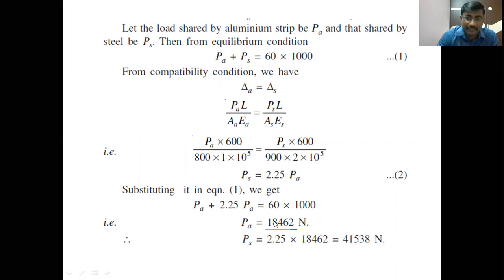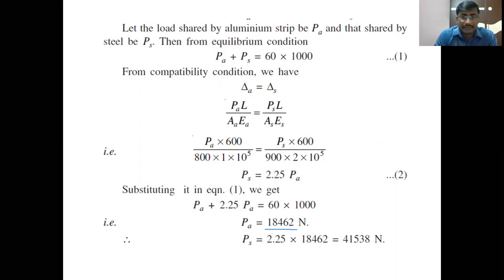If we write 18,462 newtons in kilonewtons, it is 18.462 kilonewtons. Clear, students? So like this we can determine the load shared by each material.